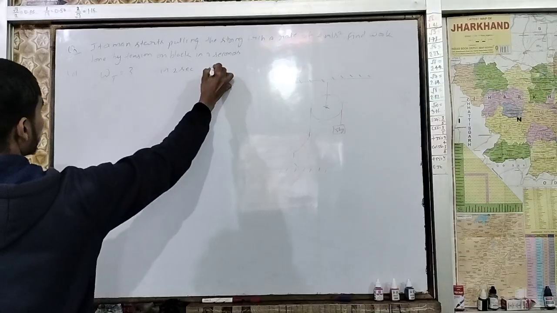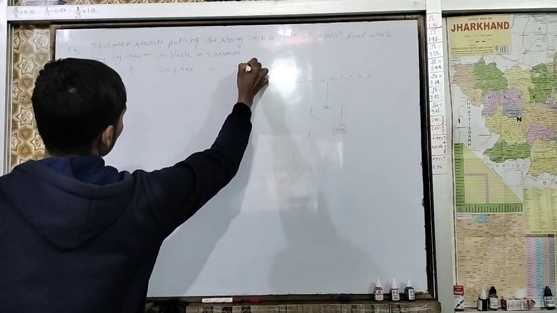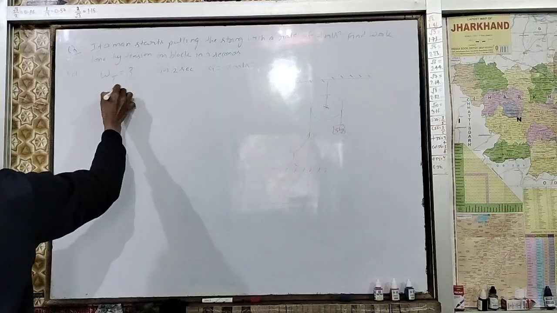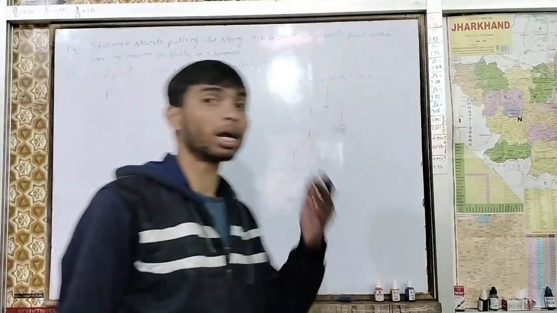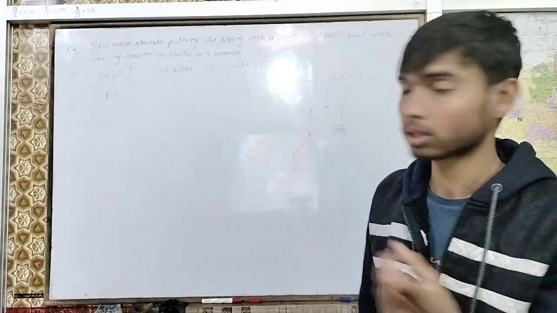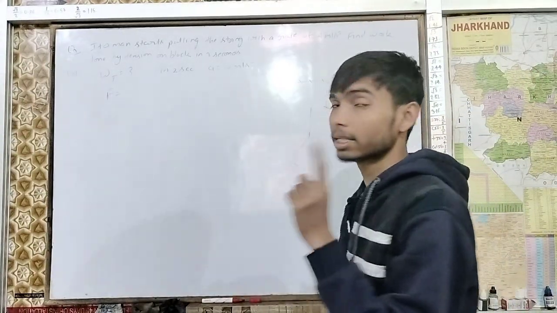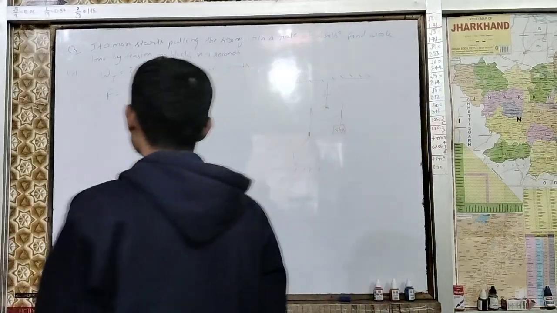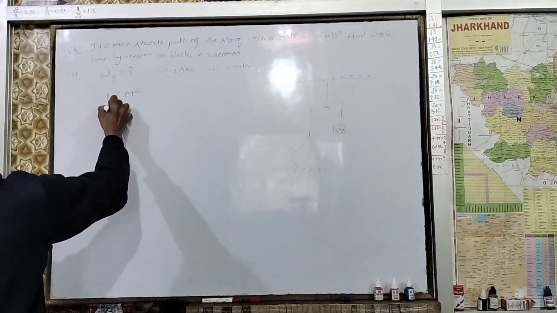Acceleration is given, which is 4 meter per second squared. You can calculate the force. Remember, to calculate work done by tension, we need force first, then displacement. Force will come out by Ma.